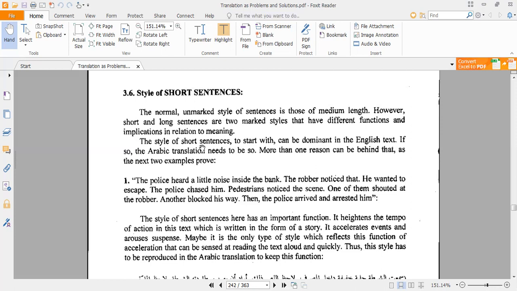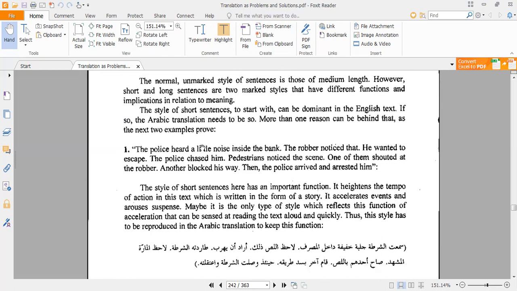Short sentences are recommended to be translated as short sentences. Why? Only one main reason, which is to keep the stylistic value of the source text.